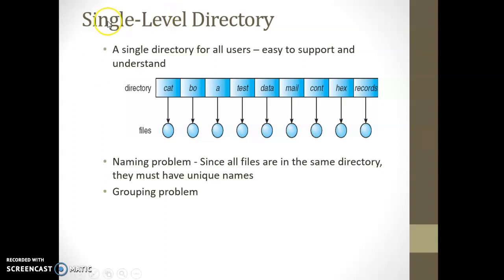For a single level directory, let's say you have 3 users, but all 3 users share the same directory. The problem is that files must have unique names. Each file must have a unique name and cannot be duplicated.